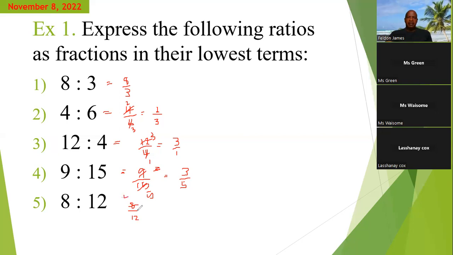And 4 into 12 goes 3 times. So this would simplify as 2/3.